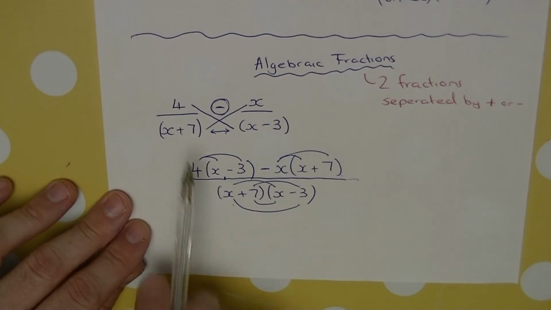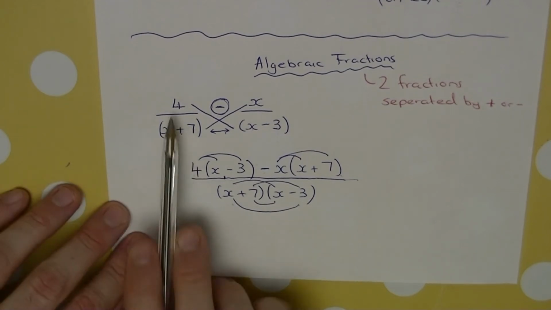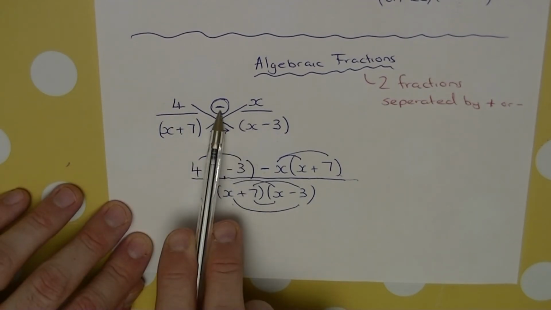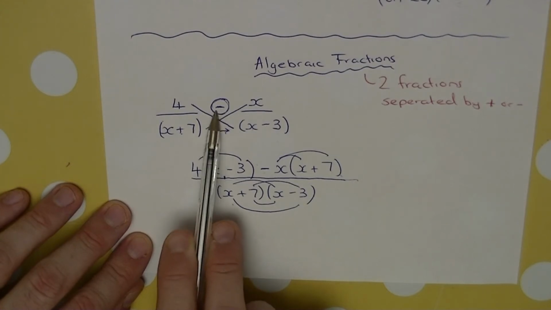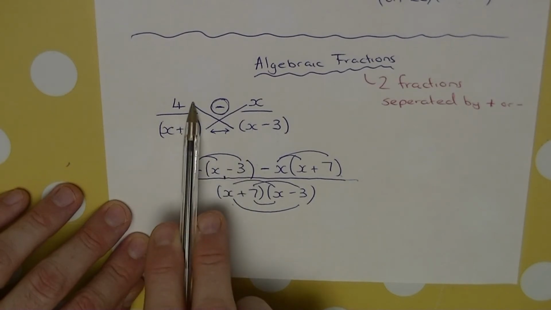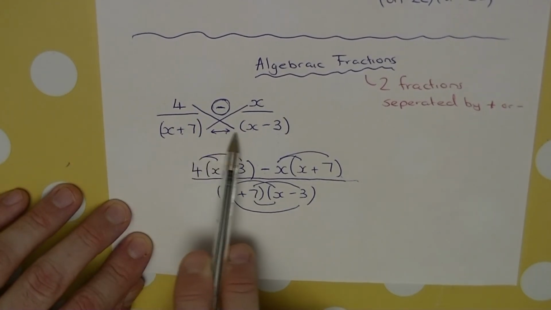But you can take two fractions and make them into one fraction, okay, by doing this times this, take away, or if that was add, but in this case, take away this times this, okay? And then on the bottom of the fraction is this times this. So you can see me connecting those two, and then on the bottom, connecting those two.